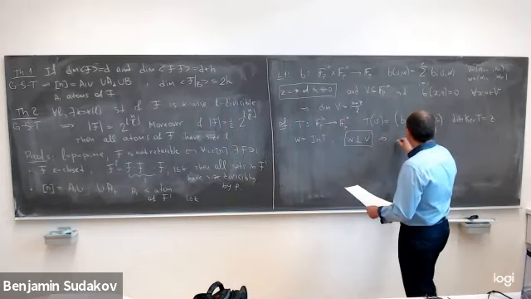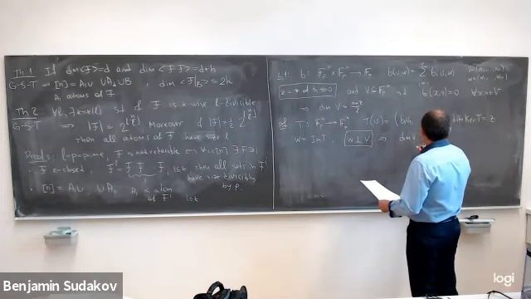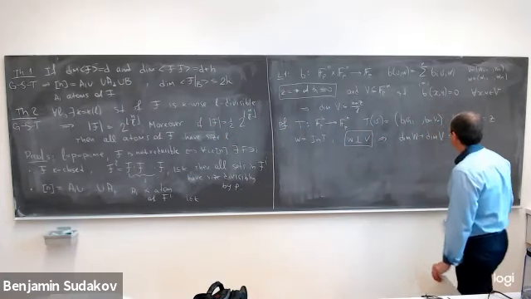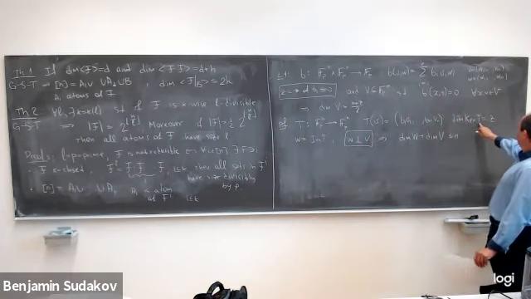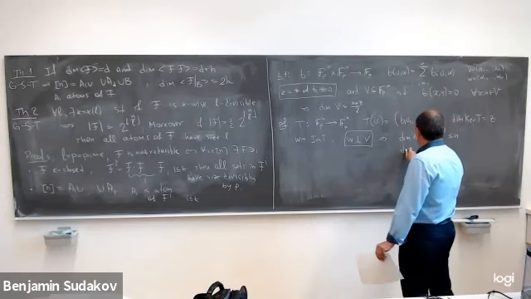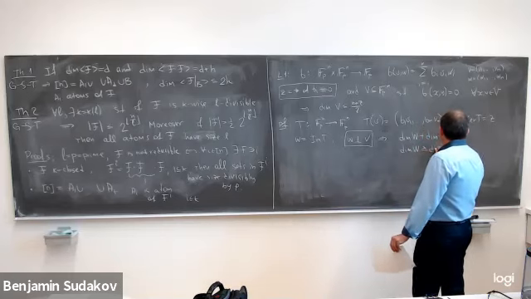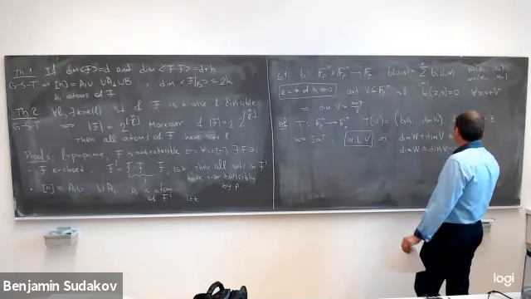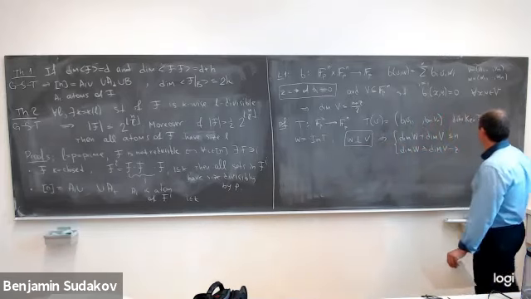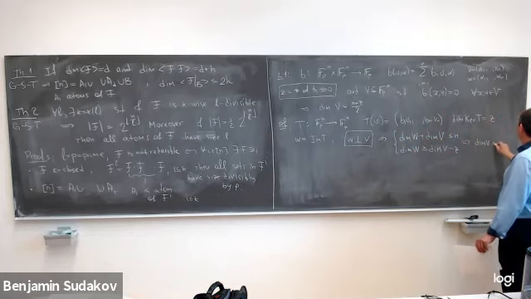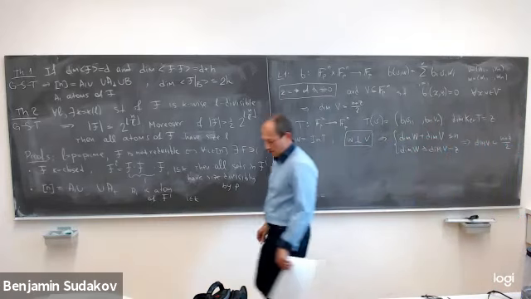And from here I know that the dimension of W plus the dimension of V is at most n. But because the kernel of T has dimension z, I know that the dimension of W is at least the dimension of V minus z, because that's how much I can lose. So when you put it together, you deduce that the dimension of V is at most (n + z) over 2. So this is the first simple lemma.